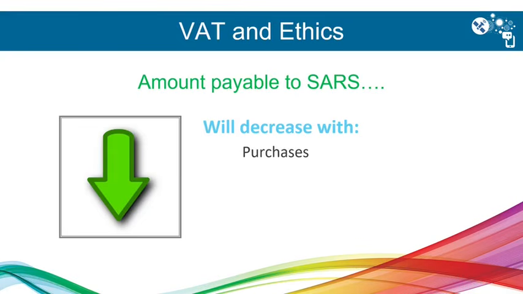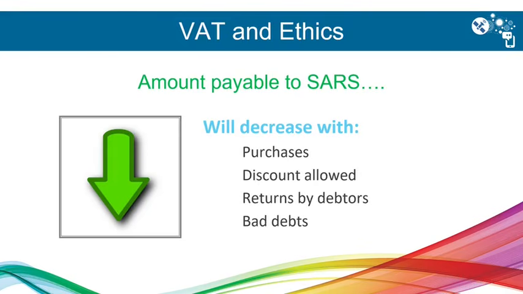The amount payable to SARS will decrease by purchases that we made, discount allowed to debtors, returns by debtors, and bad debts. Again, these three we will look at in grade 11 and 12. For now, purchases, we know we pay input VAT, and input VAT can be claimed back from SARS. So that will decrease the amount payable to SARS.